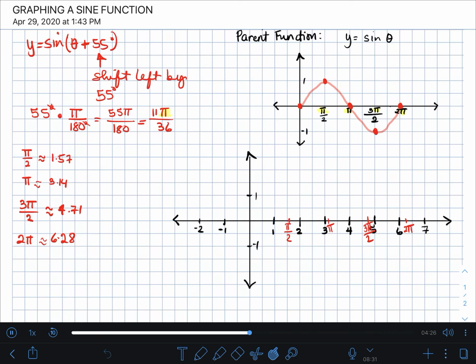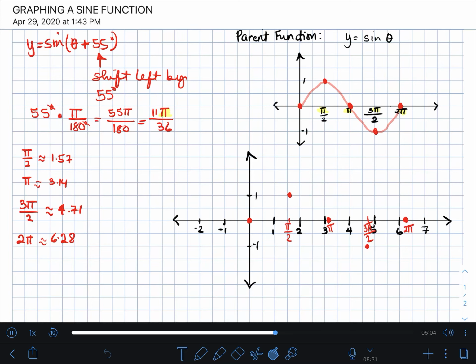Okay, so let's graph our parent function again, this time using these exact values. We are going to start with our 0, and then the 1.57 is our max, so right there. Pi, 3.14, is 0, 3 pi over 2 will be the minimum, so somewhere there, and then the 2 pi is at 0.